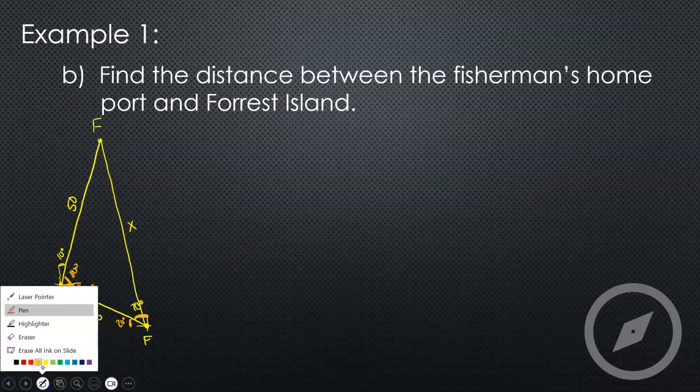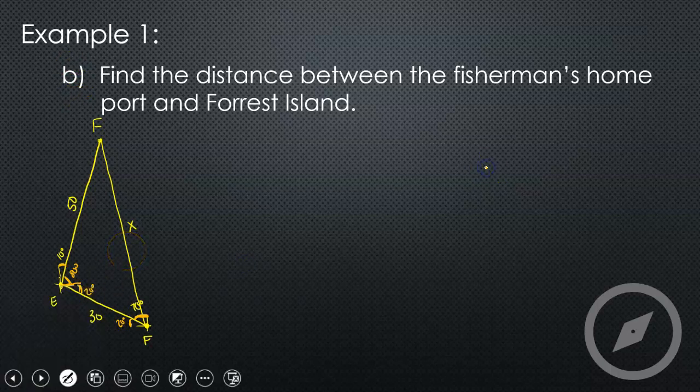So I'm going to erase that interior. 80 plus 20 is 100. So we just found that angle to be 100 degrees. So that is not a right triangle. Now we have a side-angle-side situation. If it's side-angle-side, we can use the law of cosines.